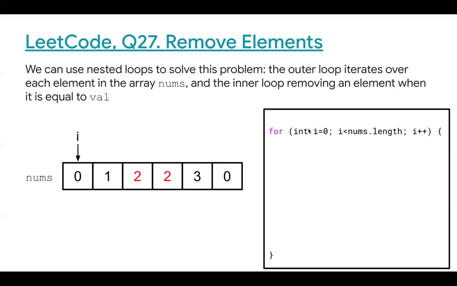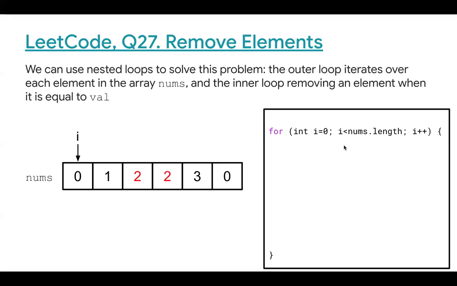The intuition here is that we will have to iterate over all the elements in this array. So many students will write a for loop like this, right? So for i is equal to 0, and i smaller than nums length and i plus plus, a very common for loop that we can use to iterate over all the elements in this array.